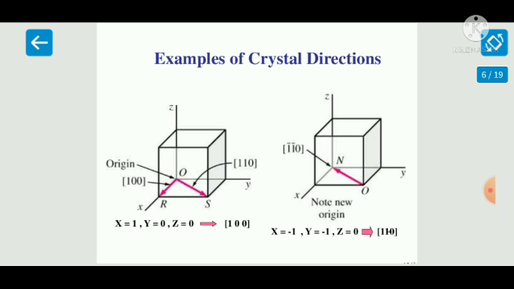The larger the Miller index, the more nearly perpendicular the plane is to that axis. Multiplying or dividing the Miller indices by a constant has no effect on the orientation of the plane.